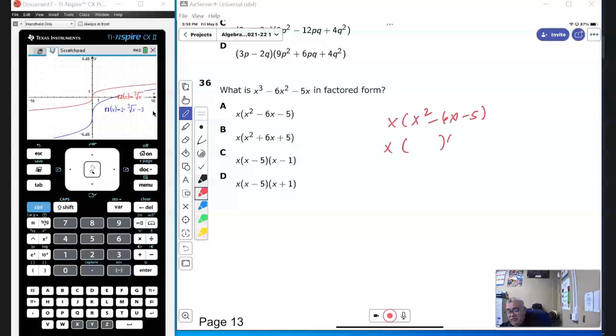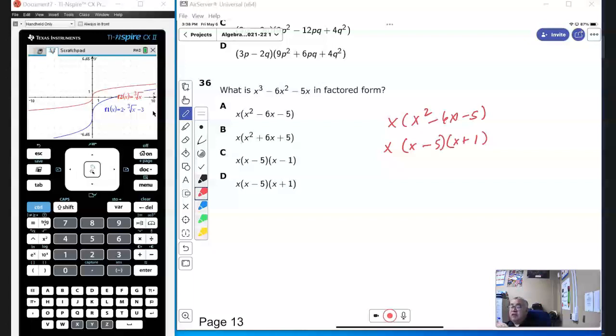Find the factors of negative 5, which is negative 5 and 1, but that's not going to give you the correct factor.